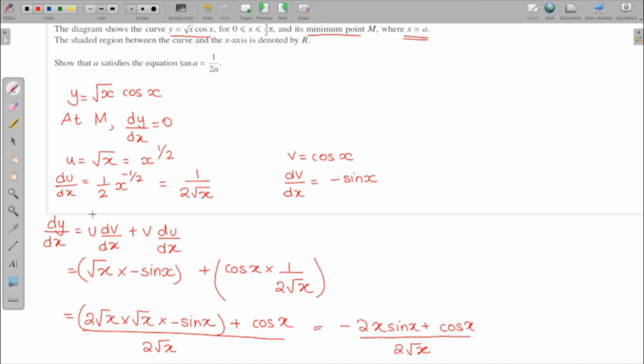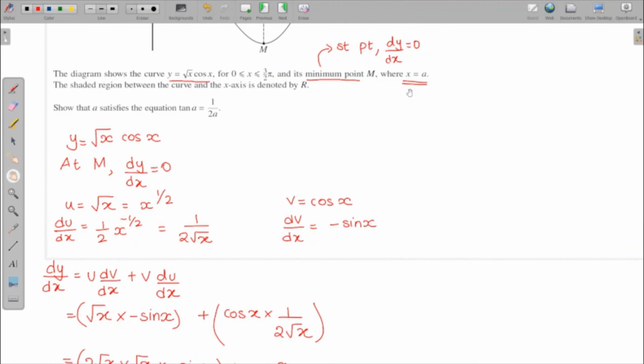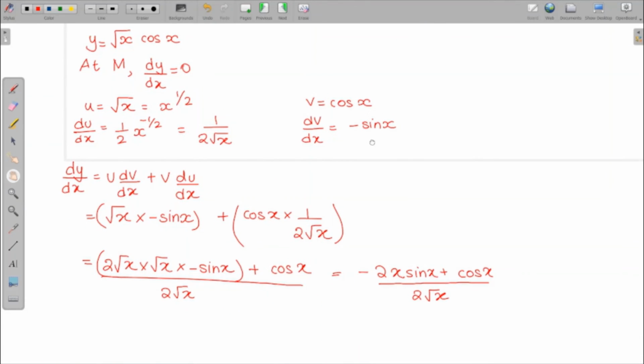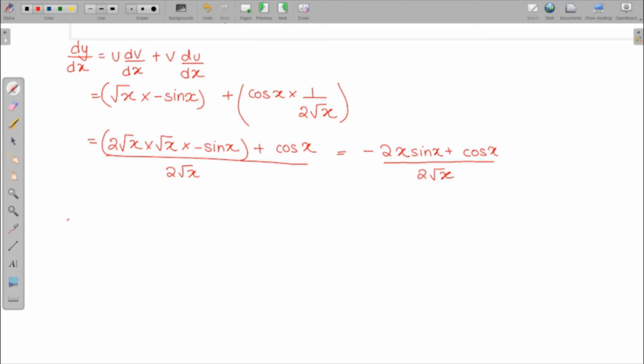Okay, next at x equal to a, where we have our point M, dy by dx will be equal to 0. So we can equate this to 0 and we can replace x with a.